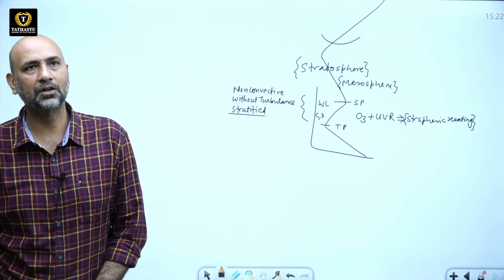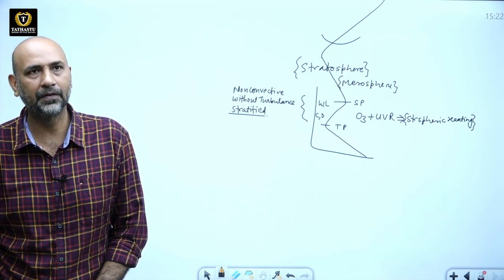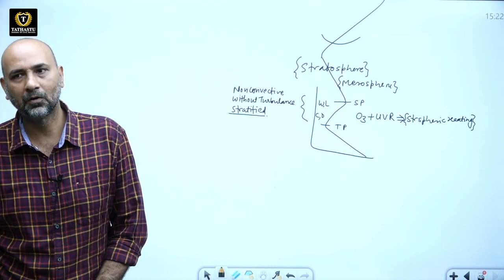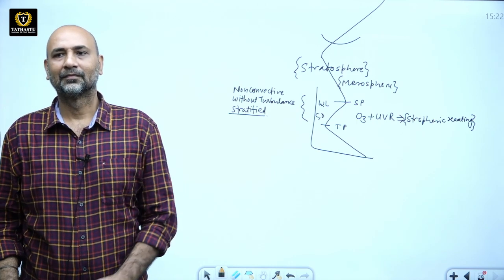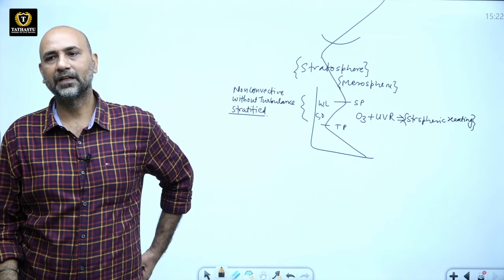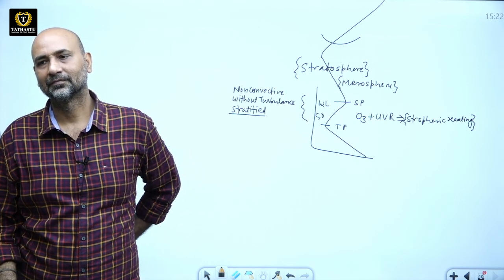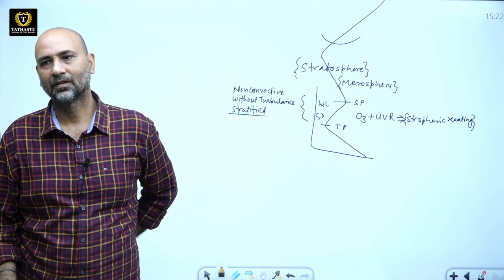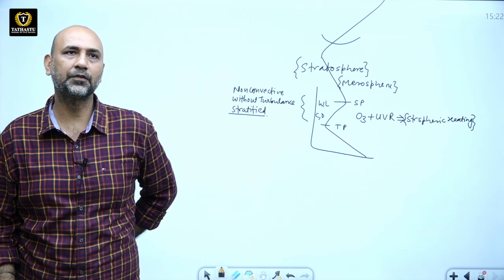That statement was wrong. Troposphere is thick above equator and thin above poles, not the atmospheric top. You know that the atmosphere is fluid, gaseous.